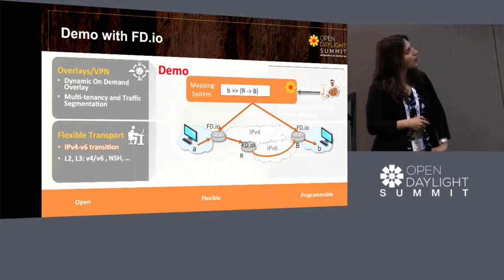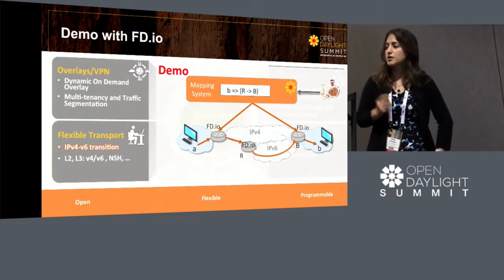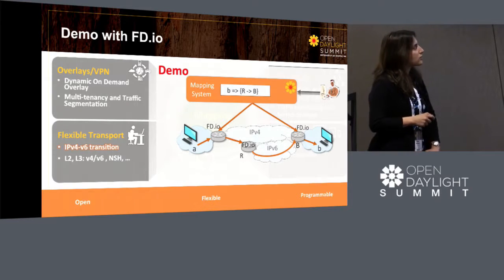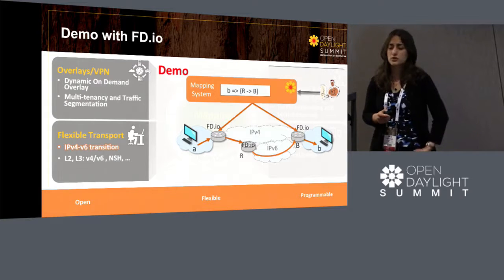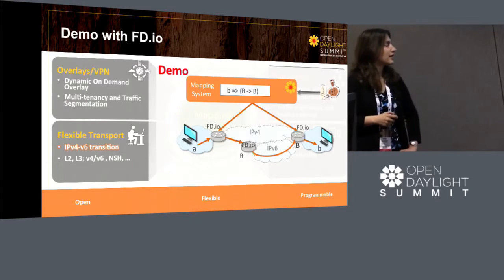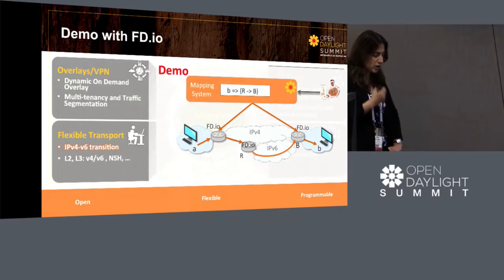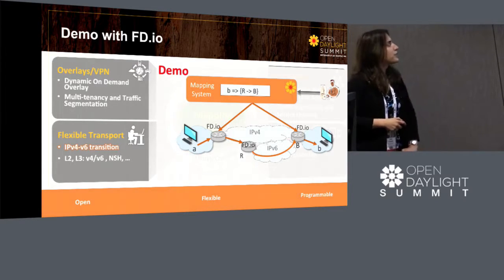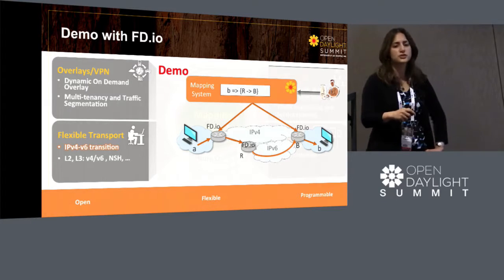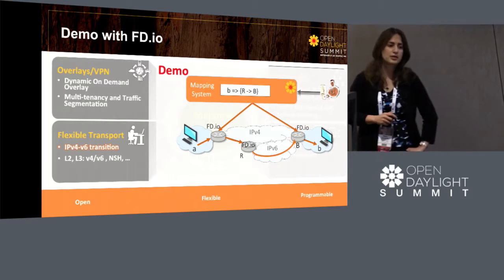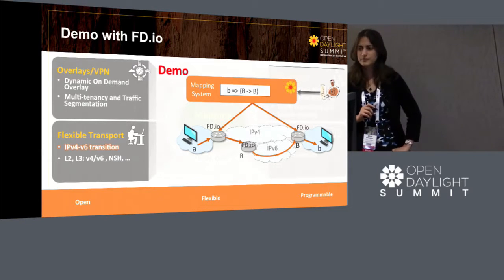And actually, this is kind of the demo scenario that I wanted to share with you. As you can see in the demo scenario, we're using FIDO platform, and we'll enable a project called Overlay Network Engine on it. And we'll do the transition from the v4 to the v6 network for the destination side, and you'll see that the traffic will go through the intermediary hop from the v4 only connected source to the destination.